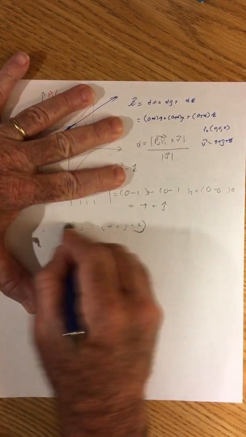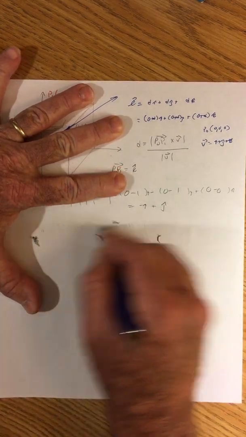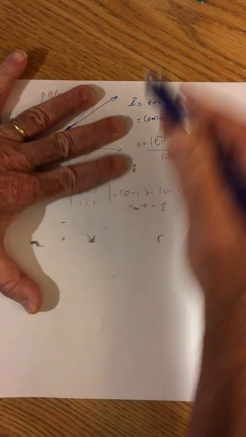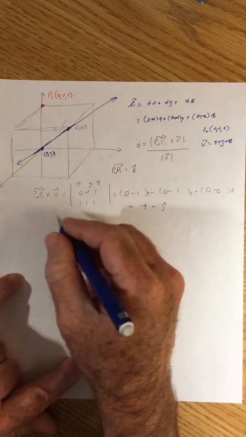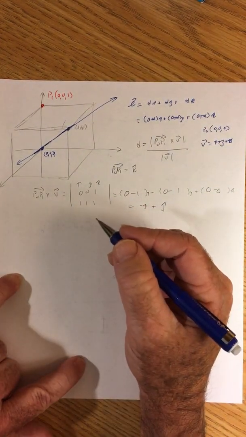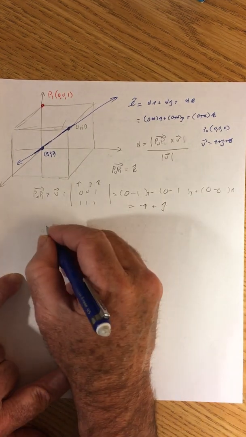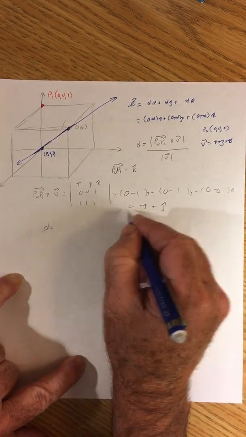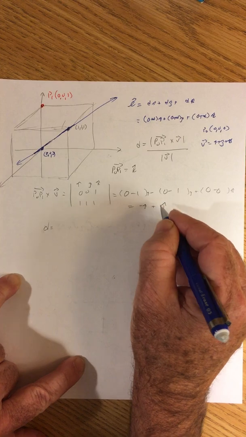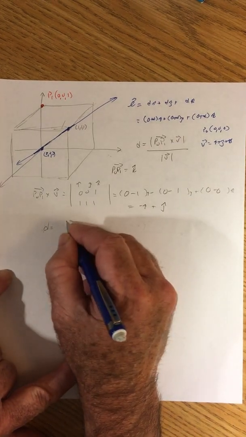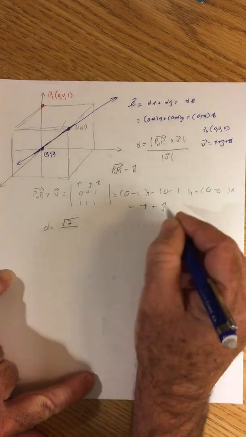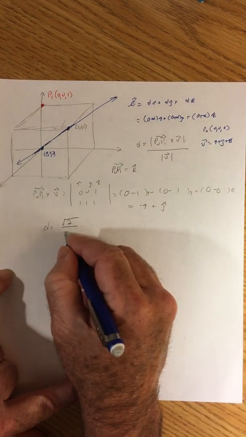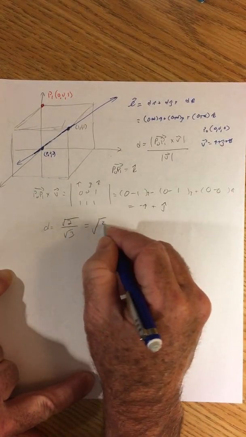I'm not going to go back and redo this whole thing. Sorry about that. I'm mixing things up here. I have a couple of these videos where I've stopped myself and gone back and done it. I'm not going to do that. The distance is magnitude P0, P1, which is square root of 2, over the magnitude of this one, which is the square root of 3. So this is the square root of 2/3.